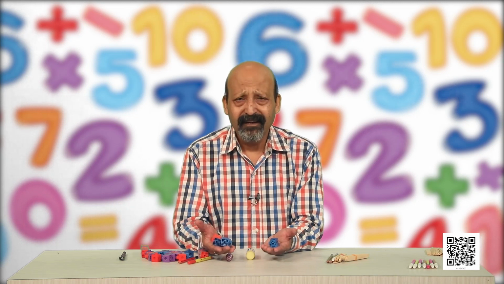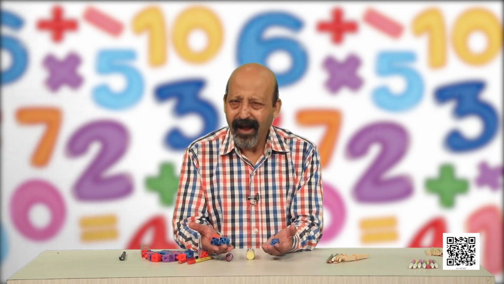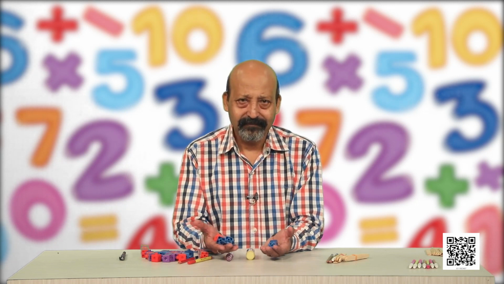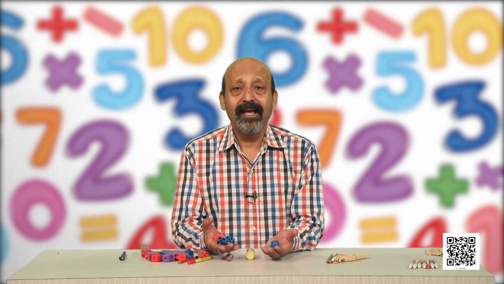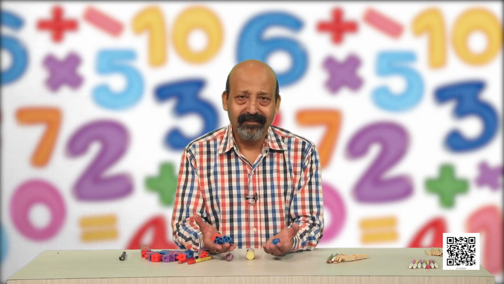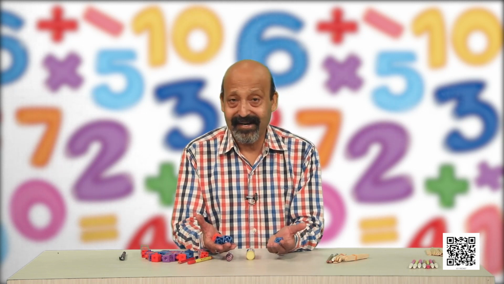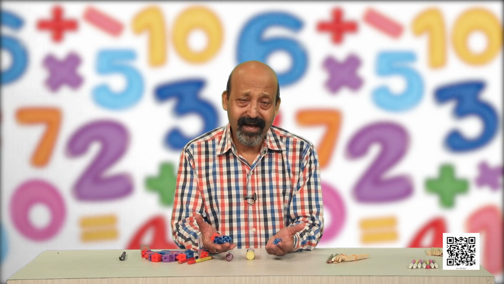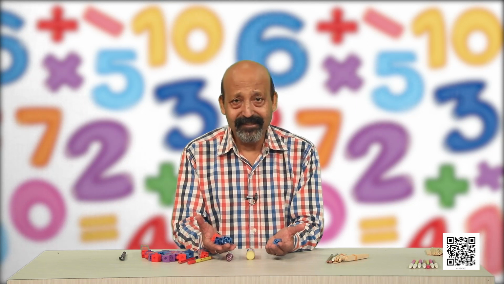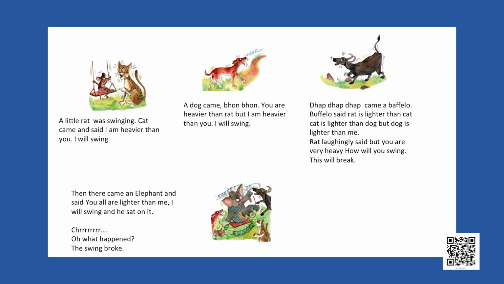Is a cat heavier than a mouse or is a mouse heavier than a cat? Yes, the cat is heavier and the mouse is lighter. What about an elephant and a cat? Which one is heavier and which is lighter? Yes, the elephant is heavier.